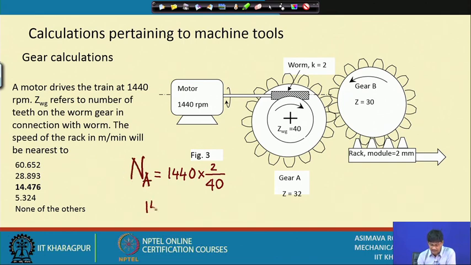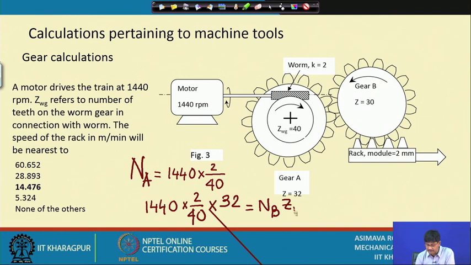Therefore, we have 1440 into 2 by 40, multiplied by, NA ZA will be equal to NB ZB. NA ZA is 32, which must be equal to NB ZB, ZB equal to 30, multiplied by NB.